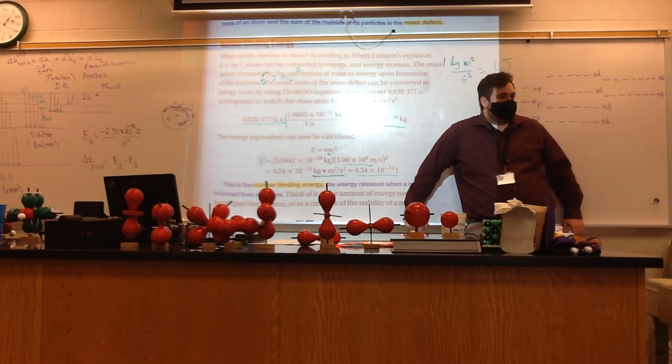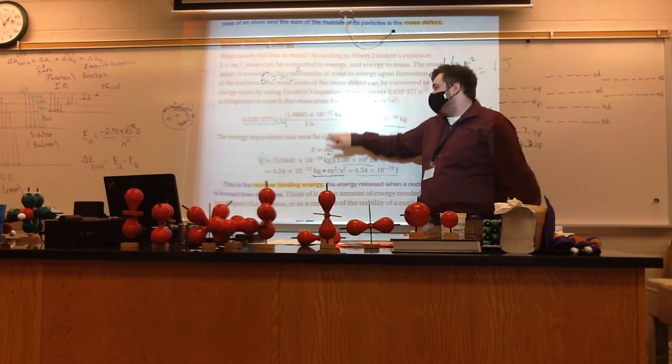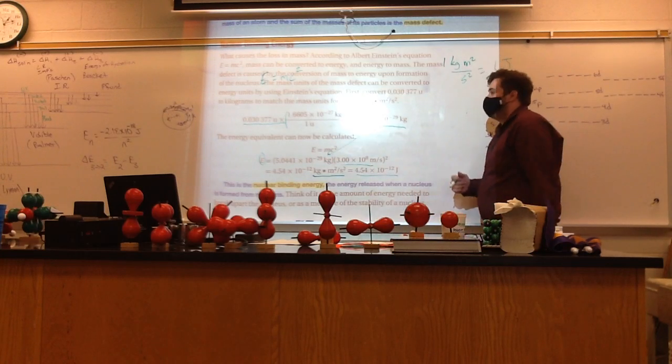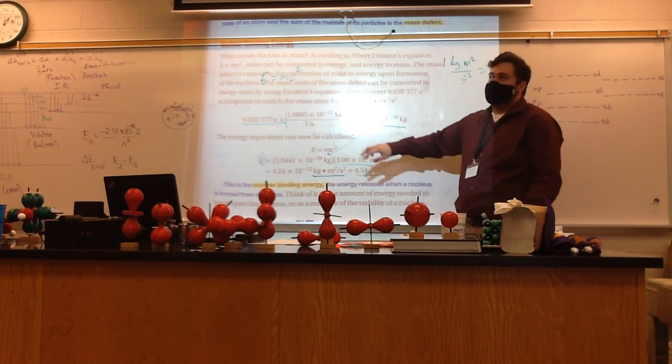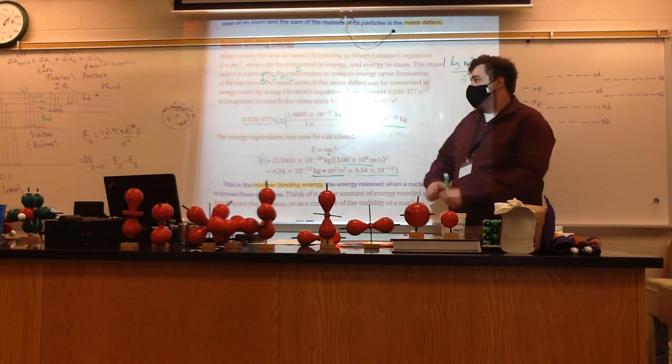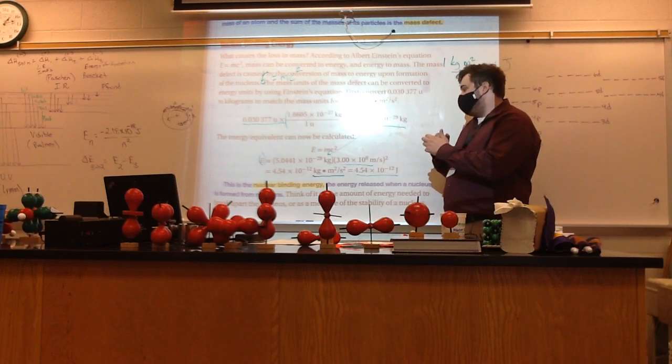Okay, so the 1.6605 number, what is that? This is the conversion from AMUs to kilograms. Usually for joules, like we said, we use kilograms.